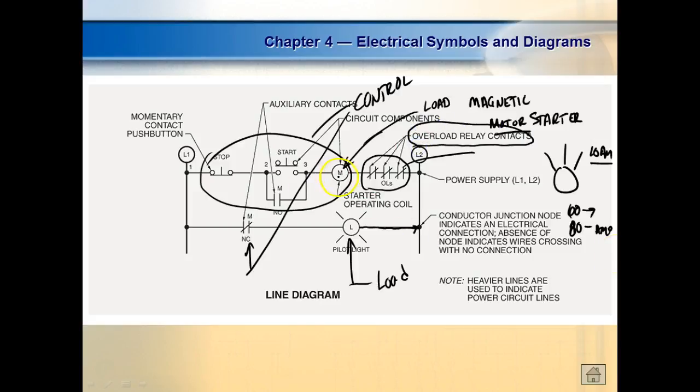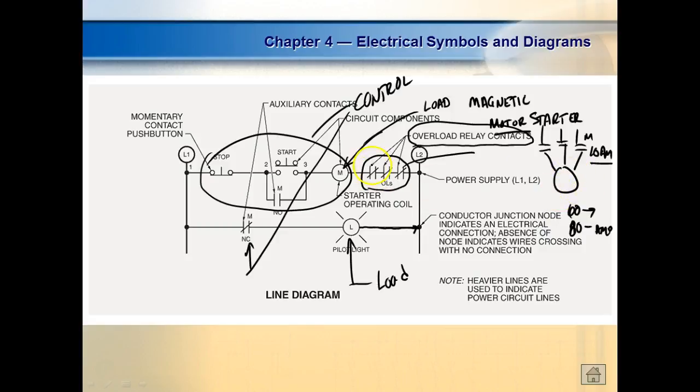So this will start the motor. Over here we'll have contacts, and they're going to be labeled M. So I hit this button right here, this relay comes in, this closes, and the motor starts. This over here is okay. Something happens, the motor stalls or the motor doesn't start.